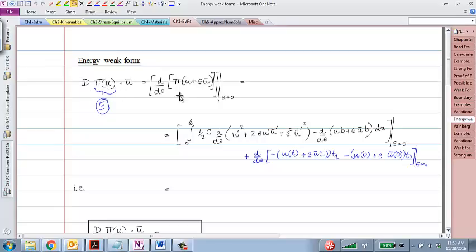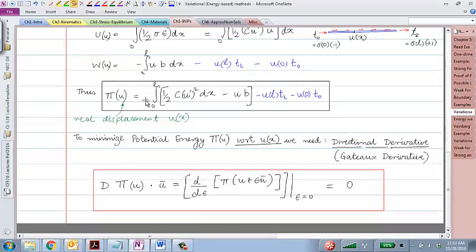All that I will do is write the term here inside the square brackets. You can flip back and forth between your pages where I defined this pi of u. I'm just going to write this pi of u, except wherever I have u, I will replace it with u plus epsilon u bar.